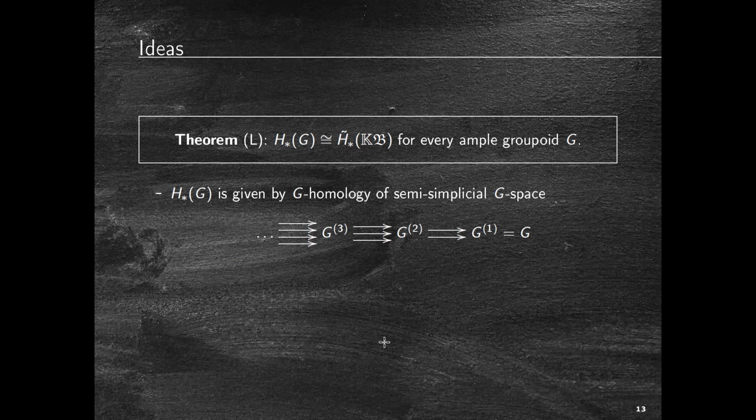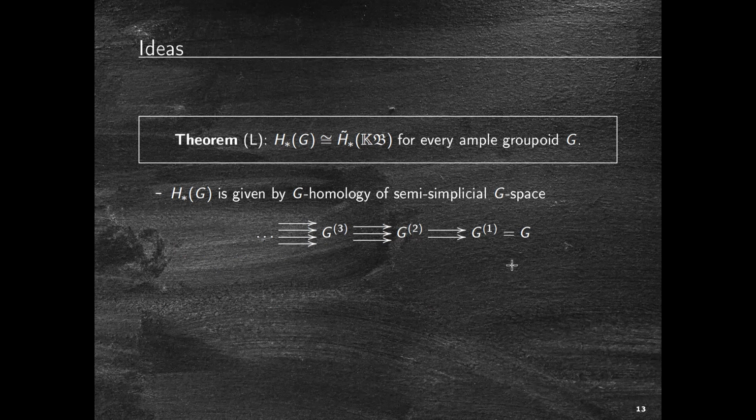It's like this bar complex, but in space form. So there is a semi-simplicial space you can write down, particular one, and the groupoid X, and you just form equivariant homology of that simplicial space. So that gives you by definition more or less groupoid homology.